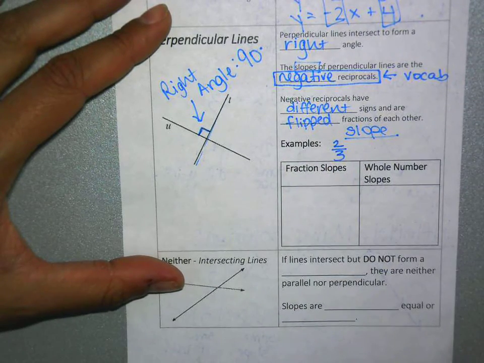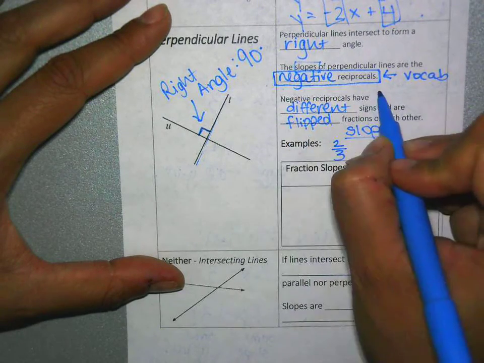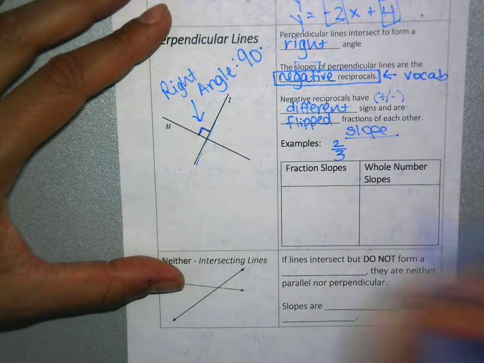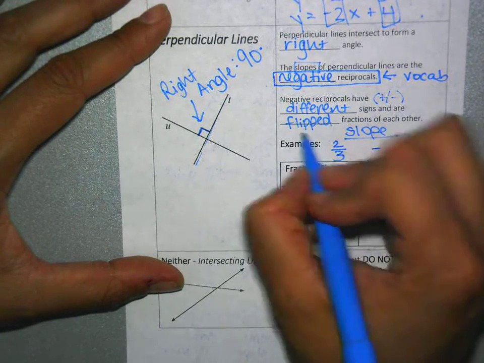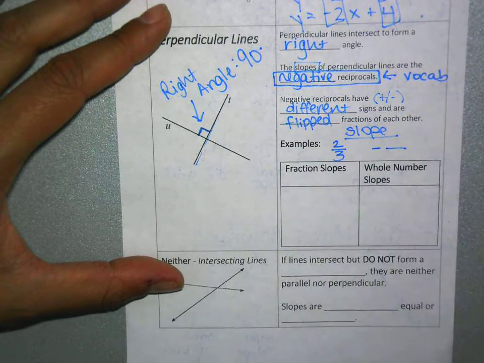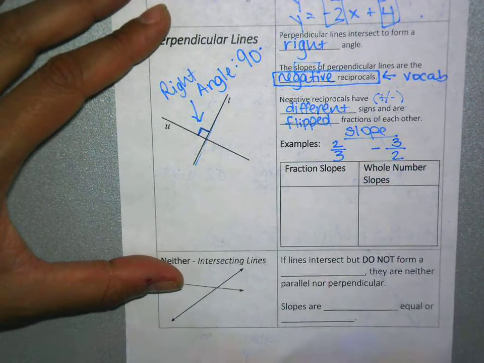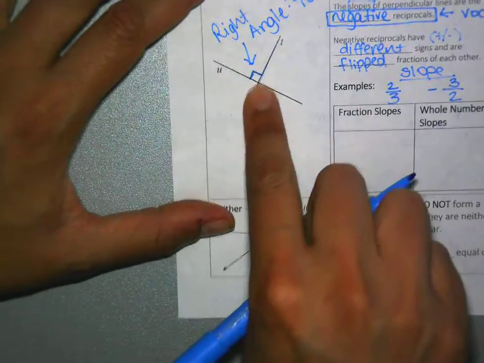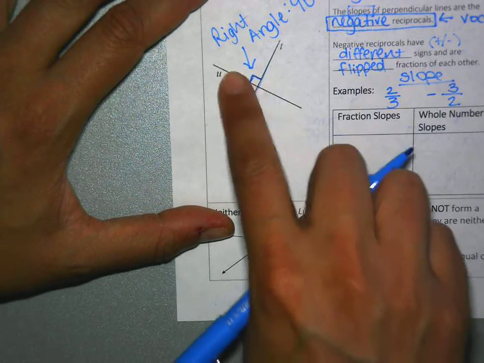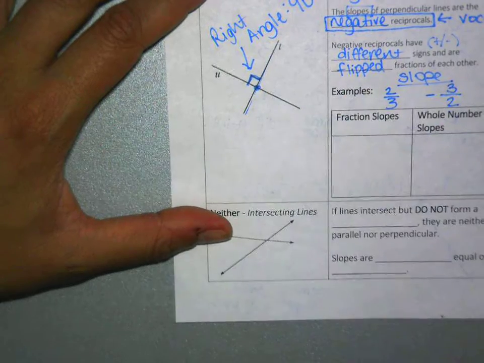The negative reciprocal of 2/3 would have to have a different sign, and sign is referring to positive or negative. So because this is positive, then my negative reciprocal will be negative, and then it has to flip the fraction. So instead of 2/3, it'll be 3/2. These are negative reciprocals of each other. If we graphed these as slopes, they would create something that looks like this. Two different lines that intersect to form a right angle.